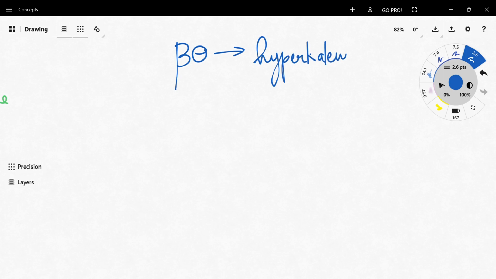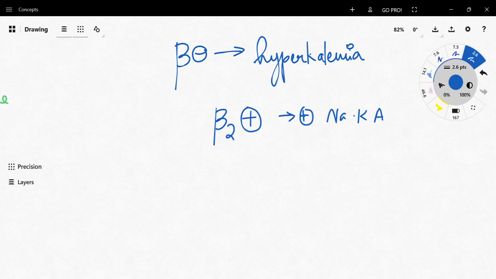So this is because the beta 2, whenever it's stimulated, it activates the sodium potassium ATPase, and so when this is activated, sodium comes out, potassium goes in to the cells.